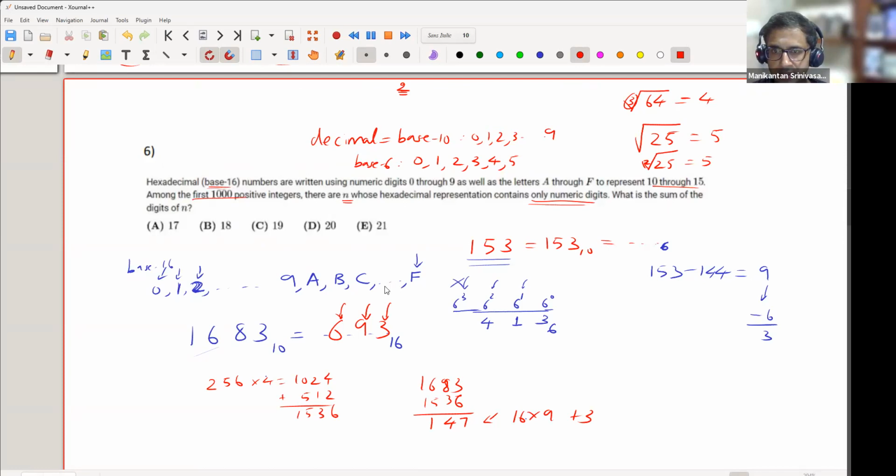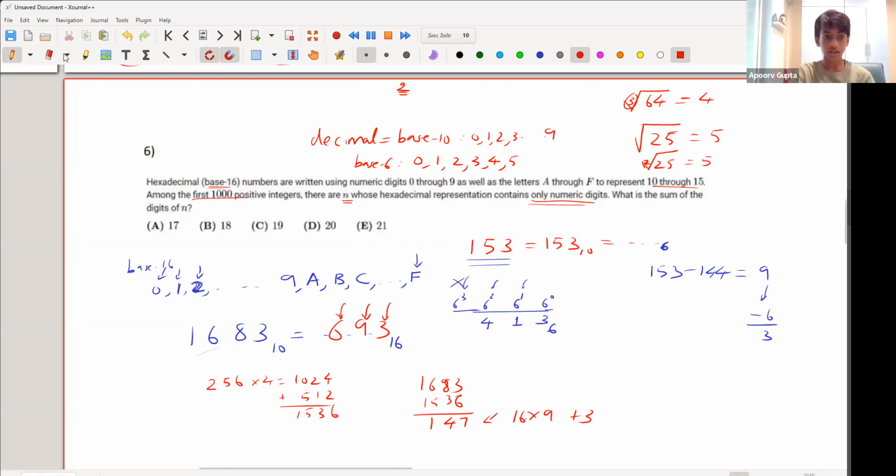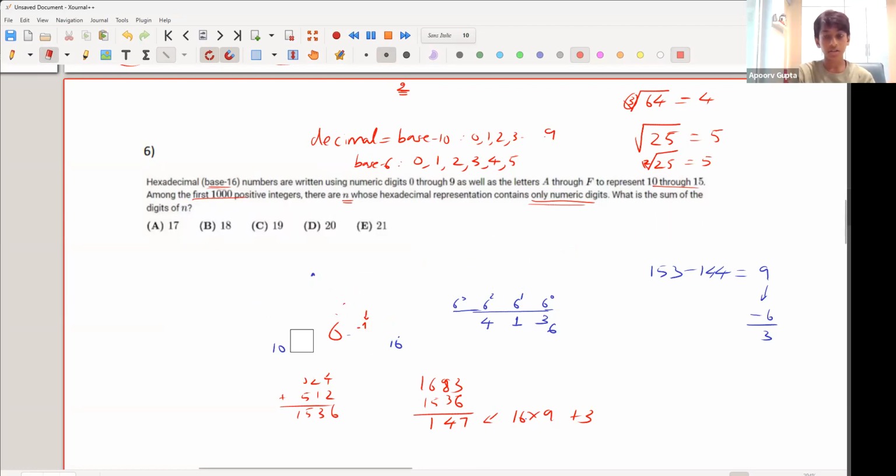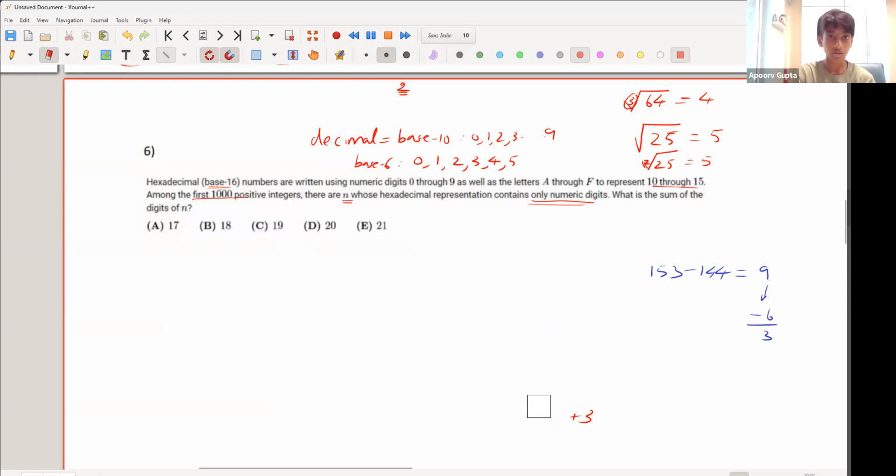Any idea, guys, how to approach this? I don't have the answer, but the way I think you would do it is that first, the limit of 16 squared, or 256, is 3, right? You can maximum use 3 before you exceed 1000.